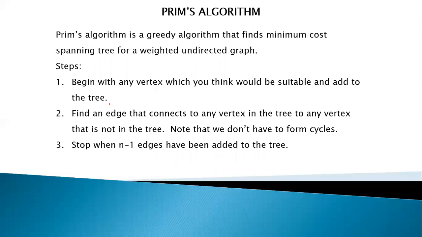If it forms a cycle, simply leave that edge and move to the next smallest edge. The same process continues until n minus 1 edges have been added to the tree, or all the vertices are added to that tree. So this is Prim's algorithm.